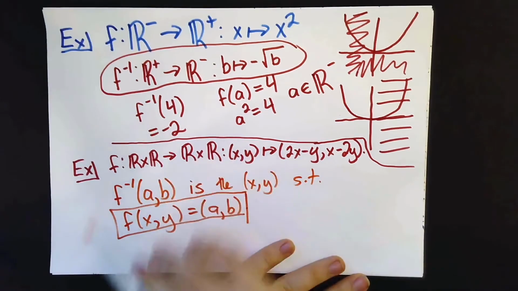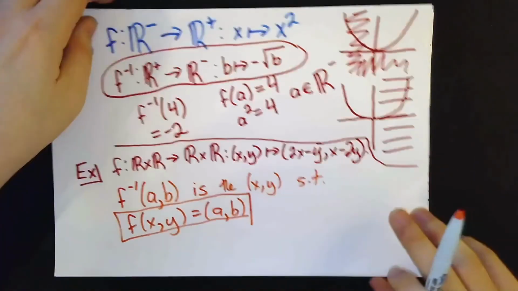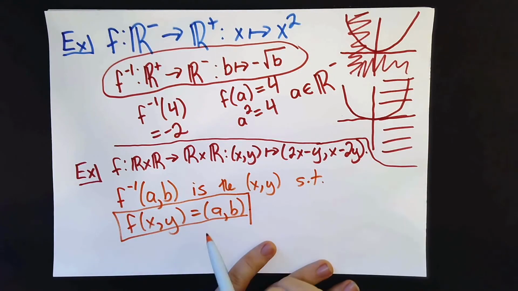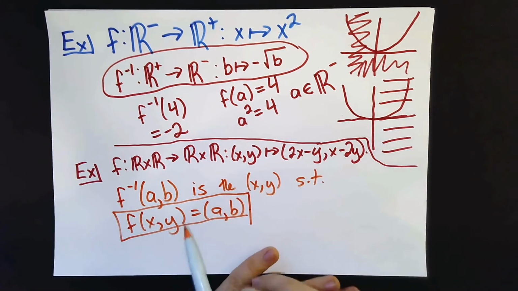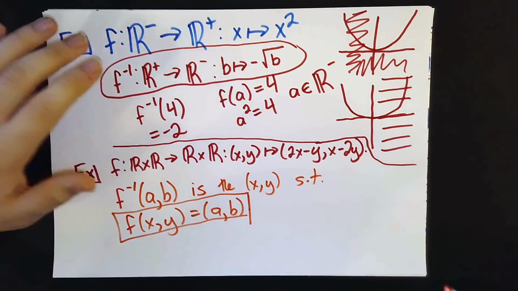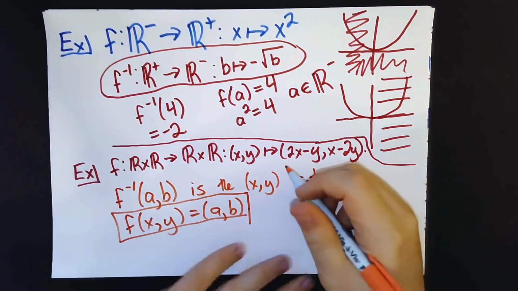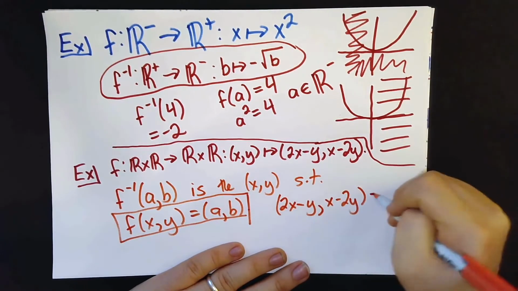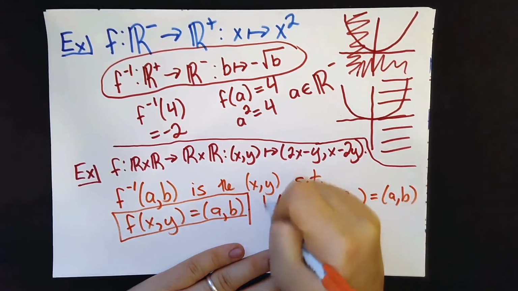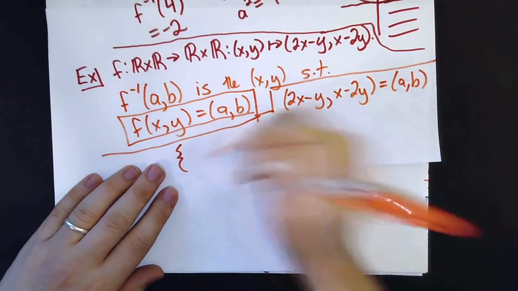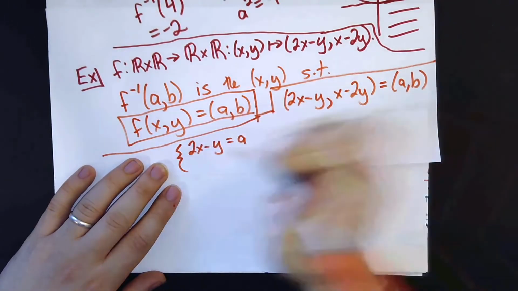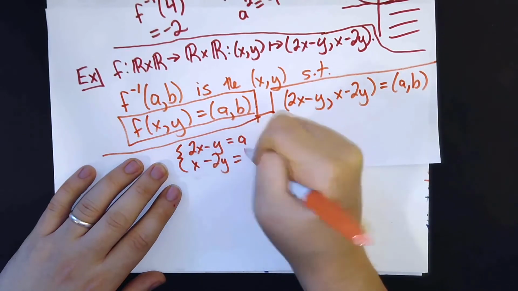And so you might remember, if you've talked about finding inverse functions of things before, that they probably told you something like swap the x and y and solve for x, or something of that sort. That's really what we're doing here, except I don't need to swap the variable names. So what am I doing? I'm solving the equation (2x minus y, x minus 2y) equals (a, b). Okay, so that is to say I'm solving the system of equations 2x minus y equals a, x minus 2y equals b.